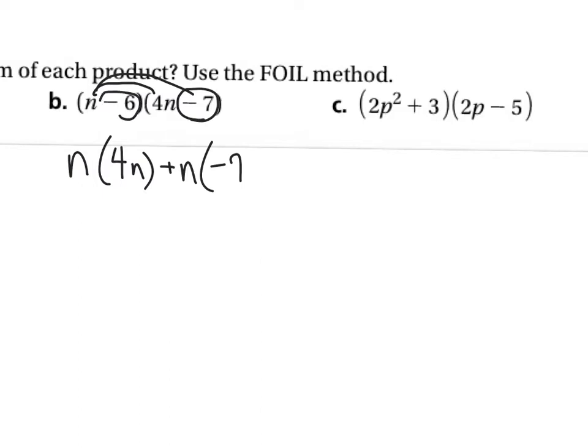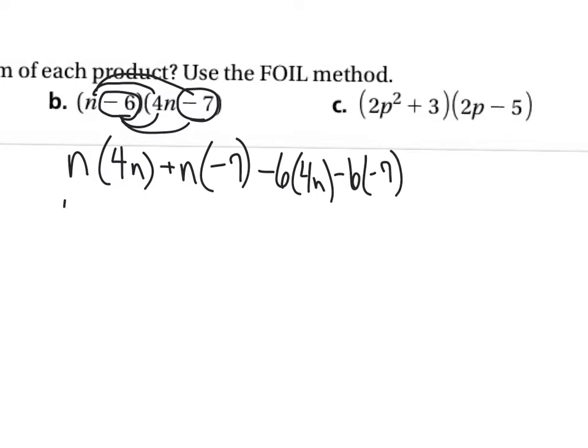And this is something you may consider doing, circling terms if they have a negative or subtraction sign next to them. Negative 6 times 4n, and then minus 6 times negative 7.